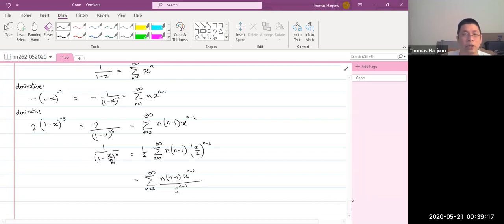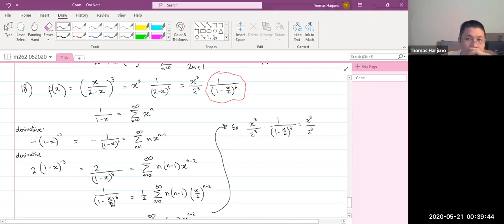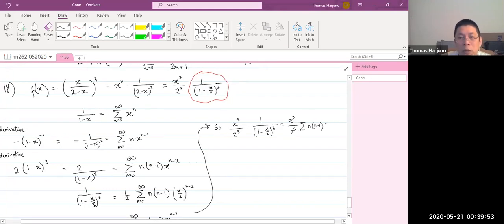Almost there. Be patient. What do I need? x cubed over 2 cubed times 1 over (1 minus x over 2) cubed is representable by x cubed over 2 cubed times the series of n times n minus 1, x to the n minus 2 over 2 to the n minus 1.